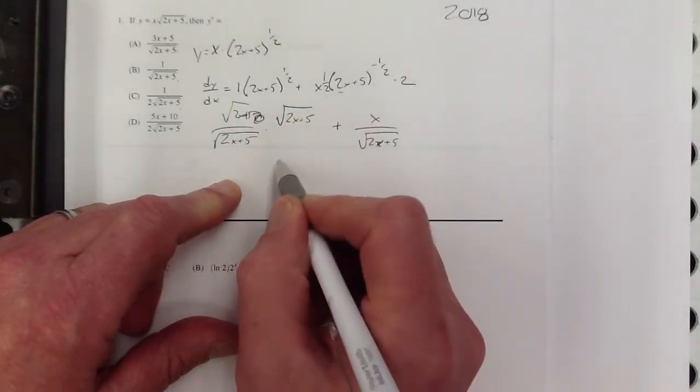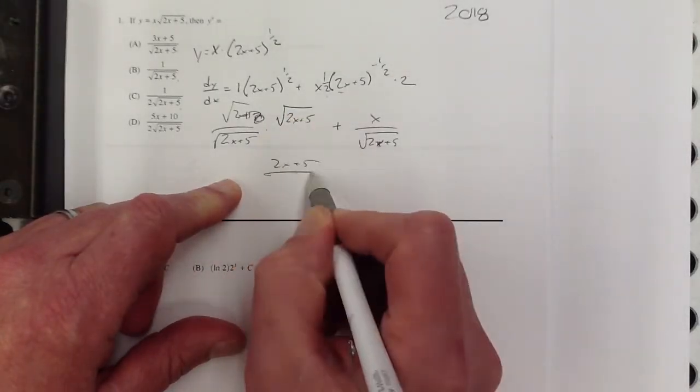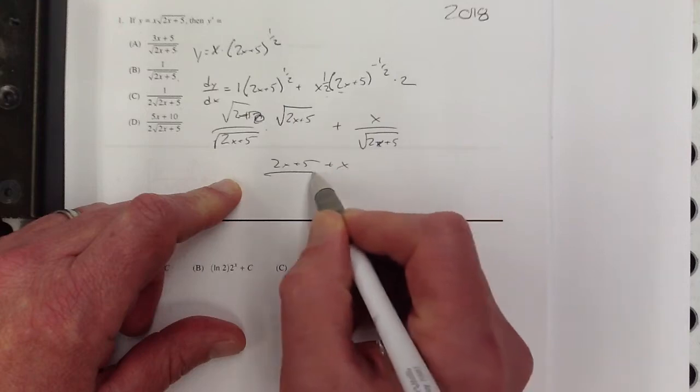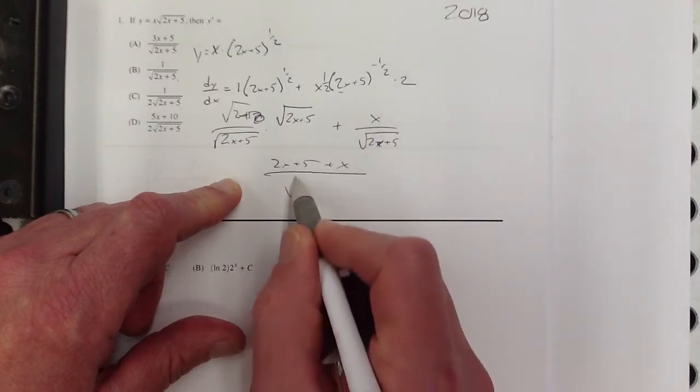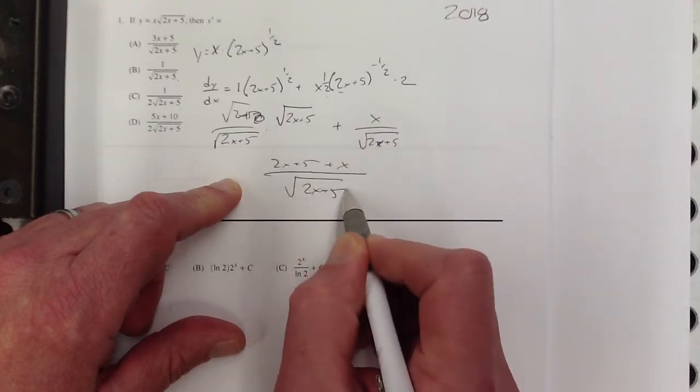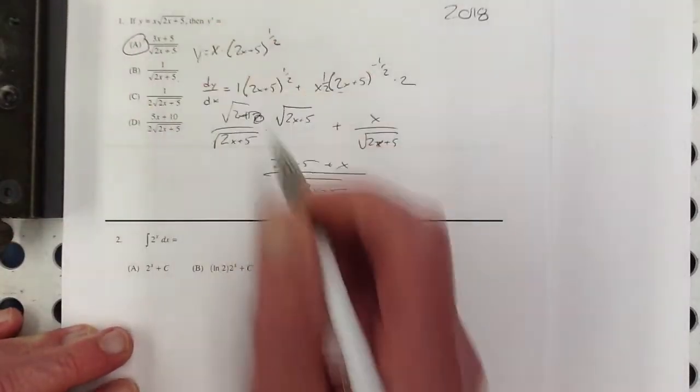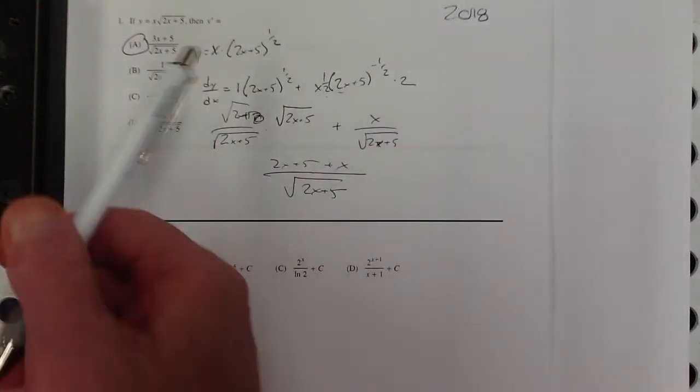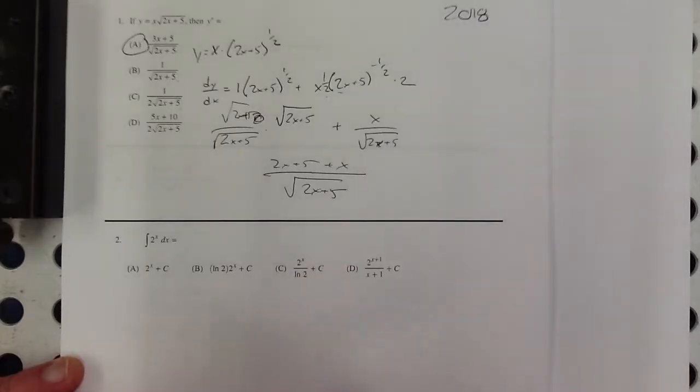And that's equal to 2x plus 5 over the plus x over the common denominator. So it looks like A. So it's pretty easy, but then a little algebra there.